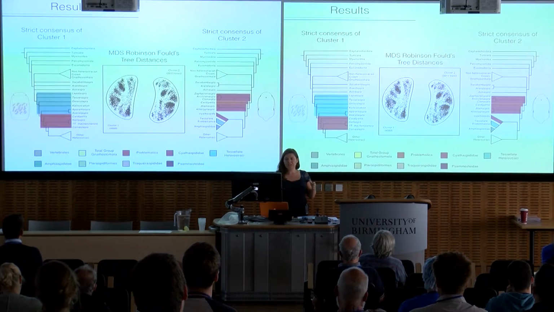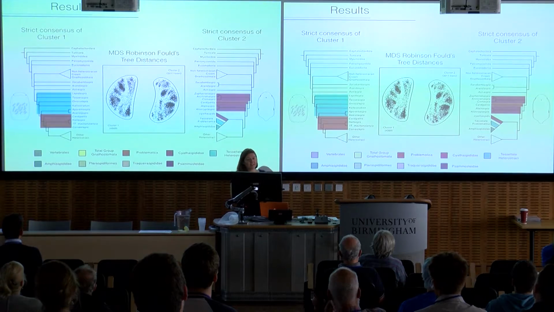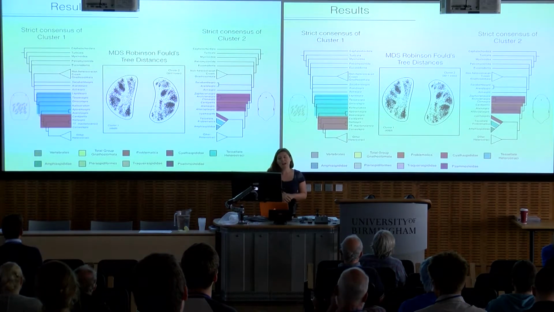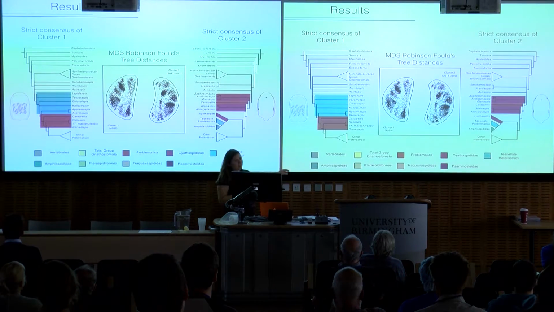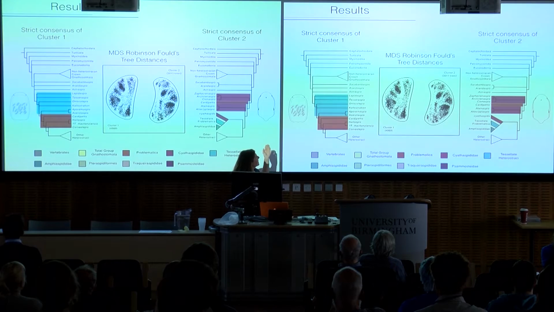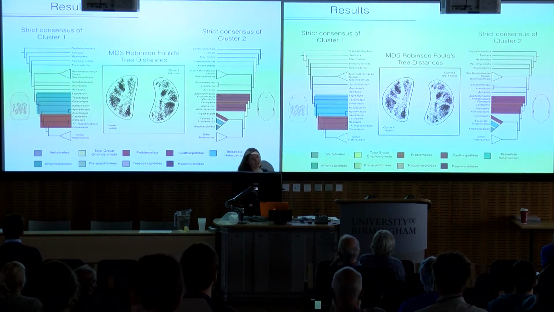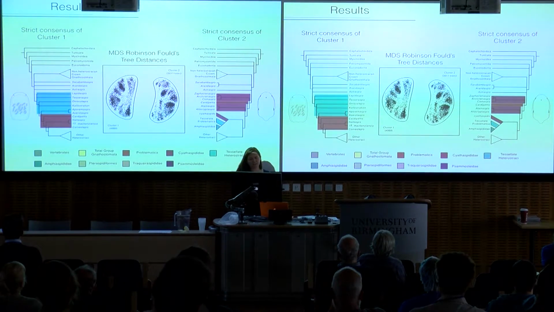The strict consensus of these two clusters you can see here. There's a kind of 50-50 split between the data. The first recovers the classic view of heterostracan evolutionary relationships, which has the tessellate and problematic taxa as the sister group to all of the heterostracans.